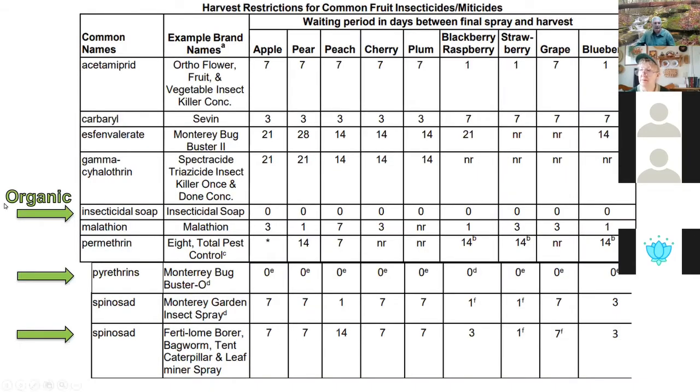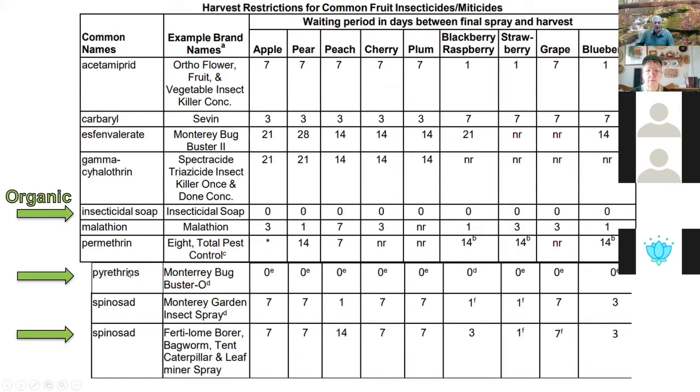We have a listing of those insecticides that we'd use. There's carbaryl, or the brand name Sevin, down here, and we've got listed which are the organic. Insecticidal soap is a very effective insecticide for those soft body insects, as opposed to carbaryl, which would be a traditional synthetic insecticide.